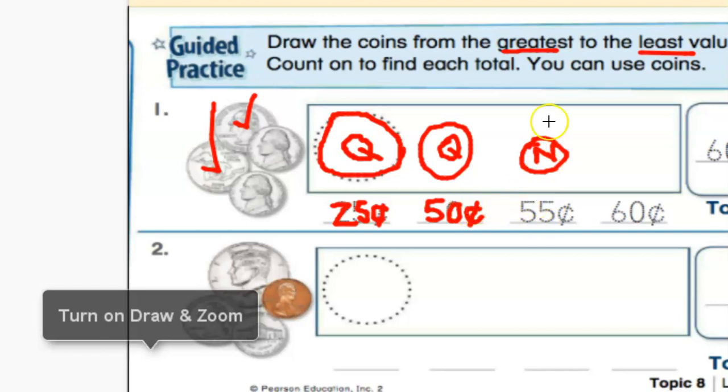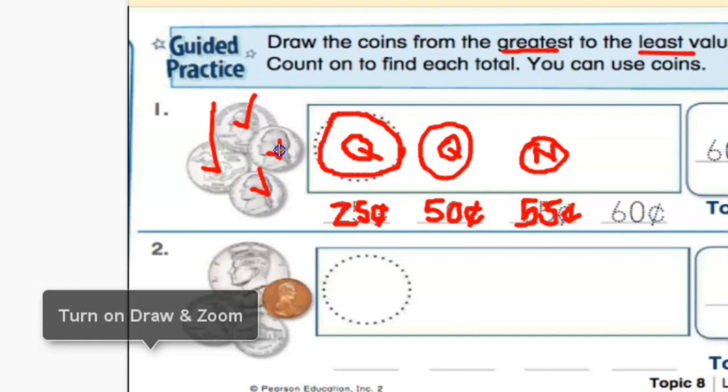And if I go up by 5 cents, because a nickel is worth 5 cents, I would go 50, 55. And my cent sign. I'm going to check off one nickel, and now I'm going to draw the other nickel.